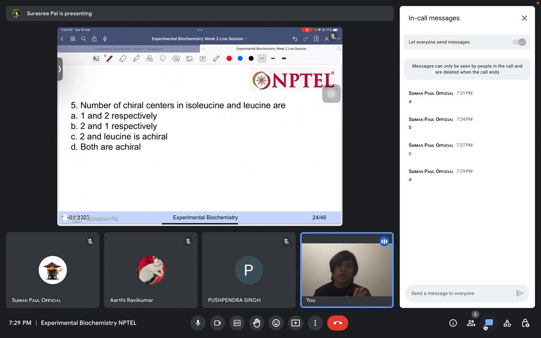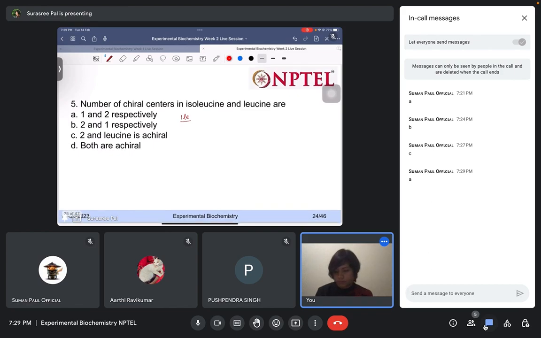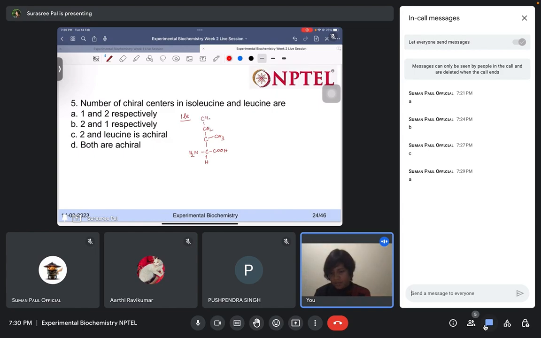Okay, I'm drawing for your help, for all of your help, I'm drawing the structure here. So that now you can figure out what are the number of chiral carbons. So first I'm drawing isoleucine. So this is isoleucine and this is leucine.